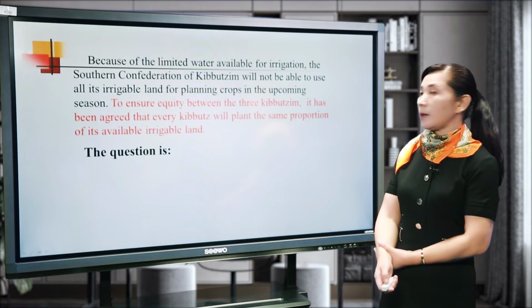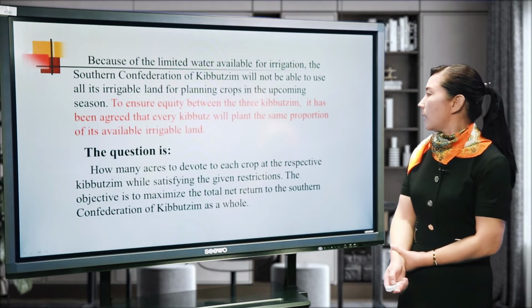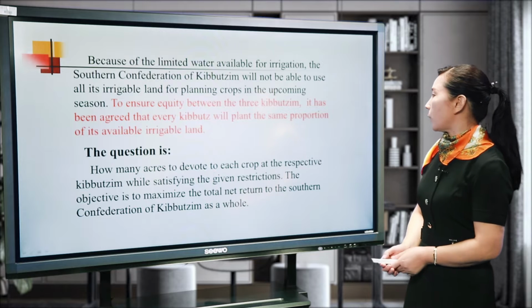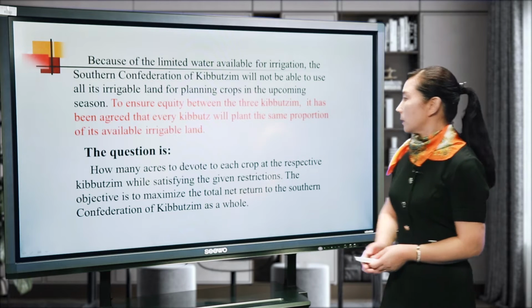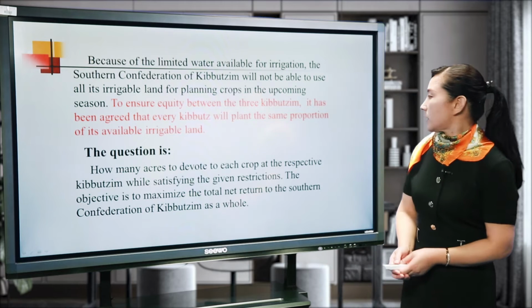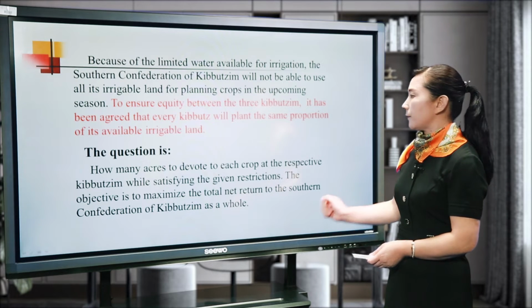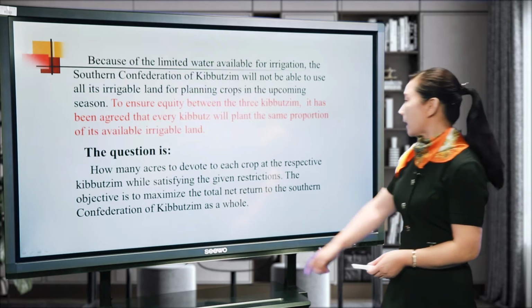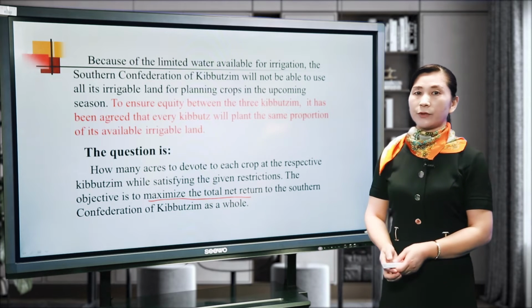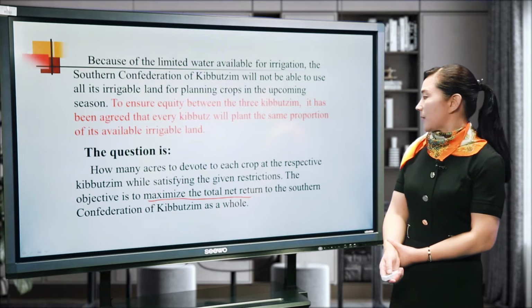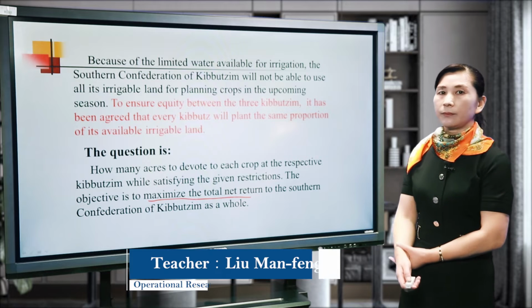Now, in this problem, the question is how many acres to devote to each crop at the respective kibbutz while satisfying the given restrictions. The objective is to maximize the total net return to the Southern Confederation of Kibbutzim as a whole.